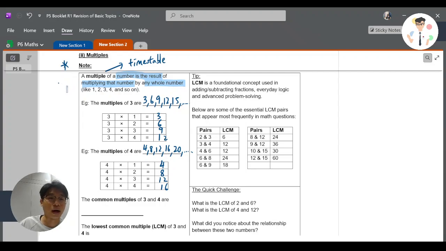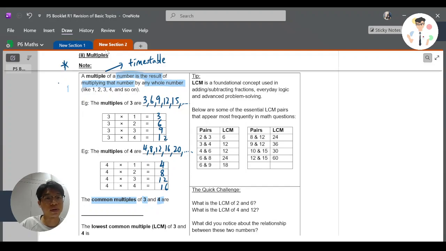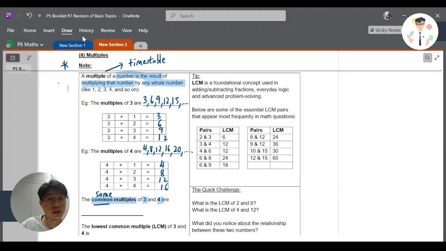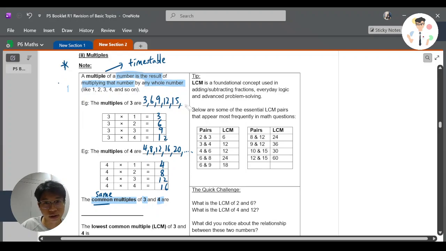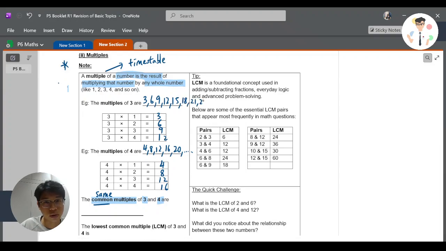And similar to the highest common factors, you will be seeing something like they're asking, what is a common multiple of 3 and 4? Again, what does common mean? The same. If I continue the list for 3, it'll be 15, 18, 21, 24, and so on.